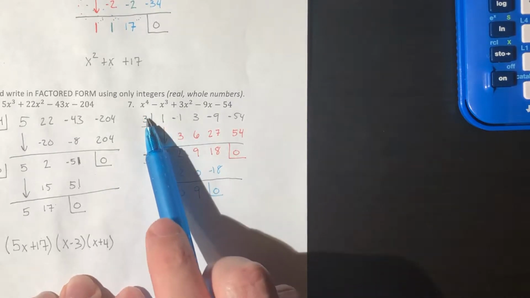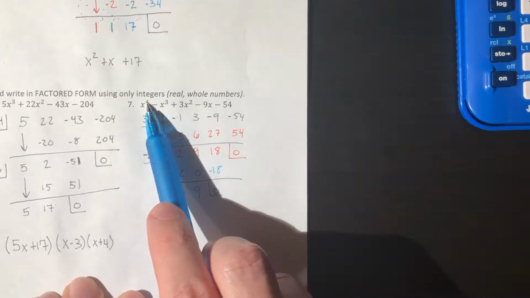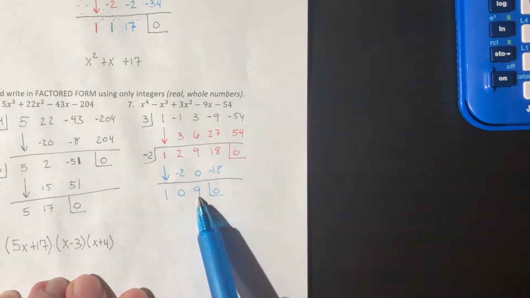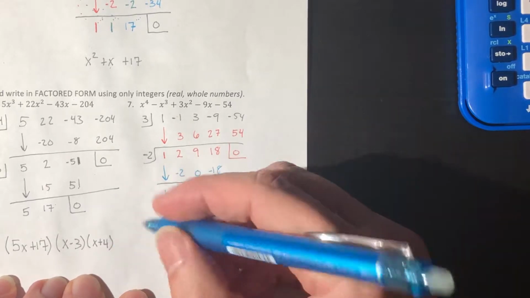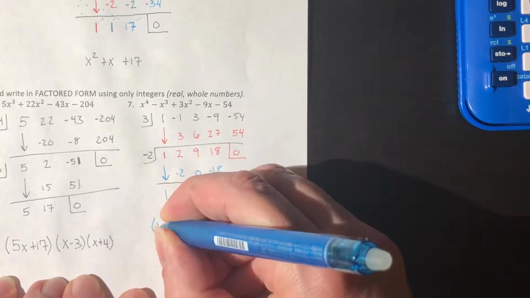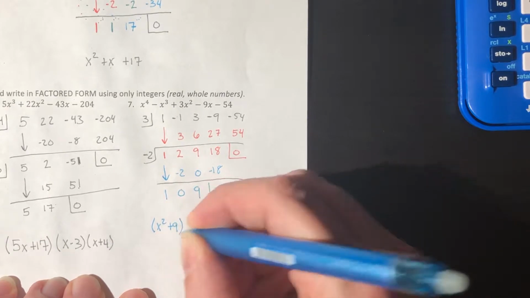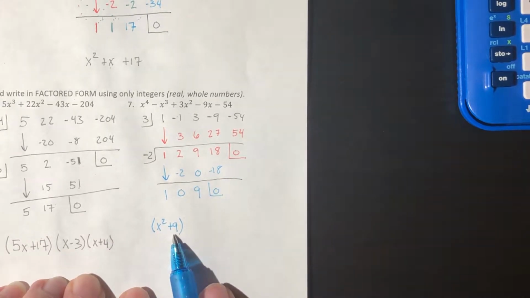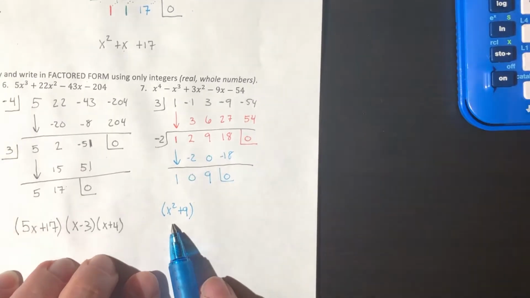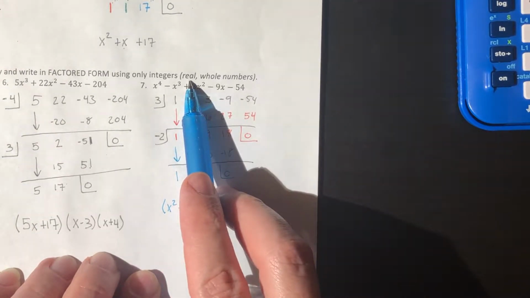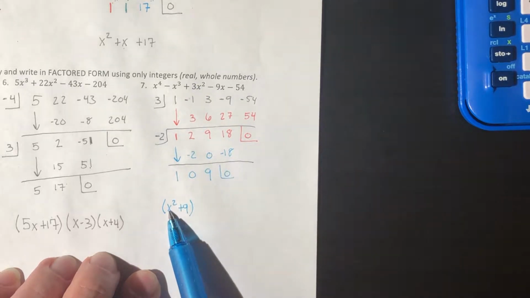So I did synthetic division 2 times, so I'm going to drop the degree twice. So this is 1x squared plus 0x plus 9. Since it's 0x, I don't need to write that. So that's x squared plus 9. Now, this is not going to further factor into real numbers.